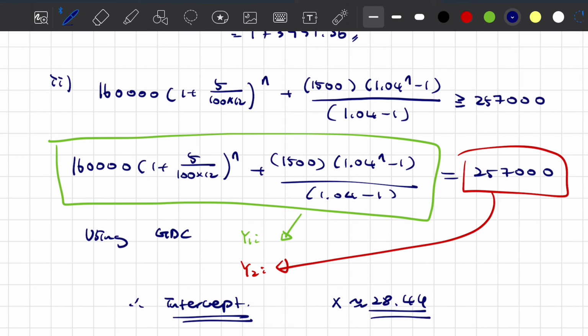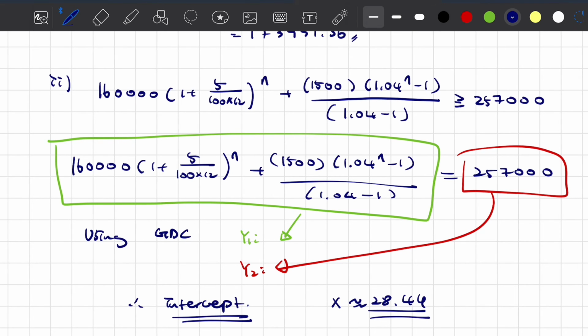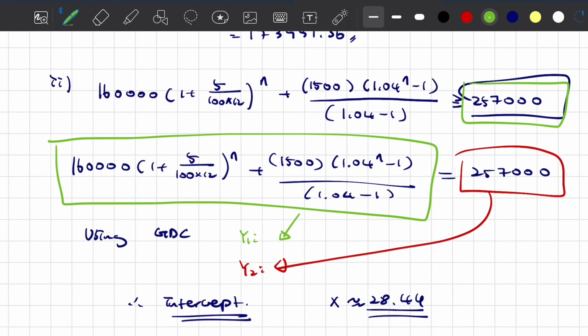So it means after 28.44 months, your value will be bigger than the value that was given. Since there's no such thing as 28.44 months, your months has to be 29, to have a total value greater than $257,000.